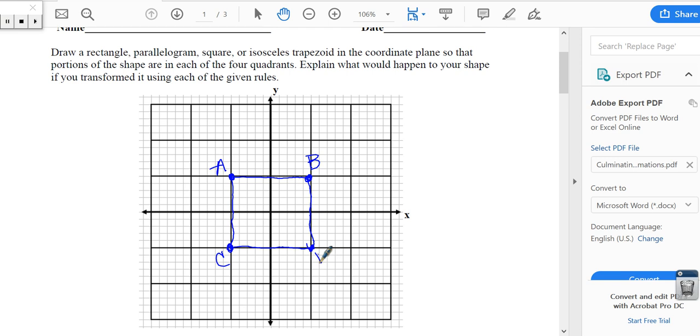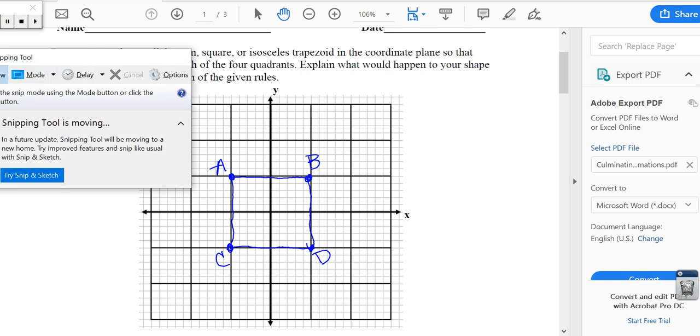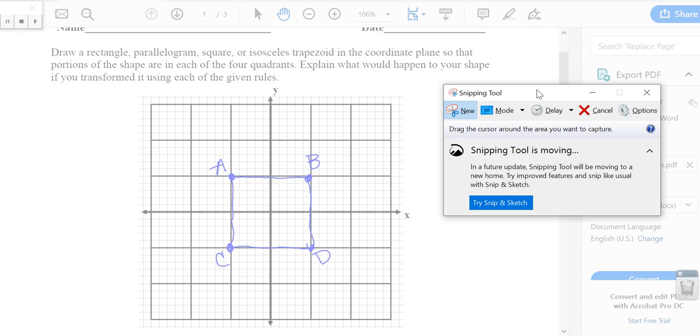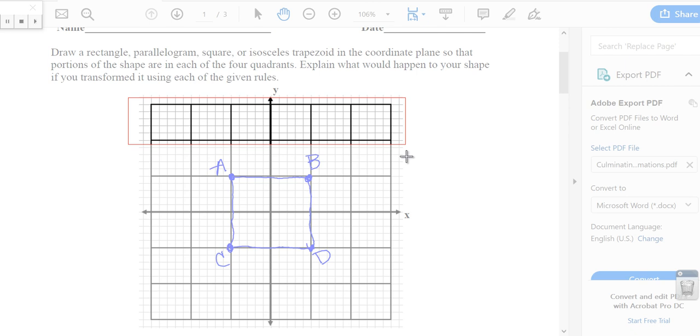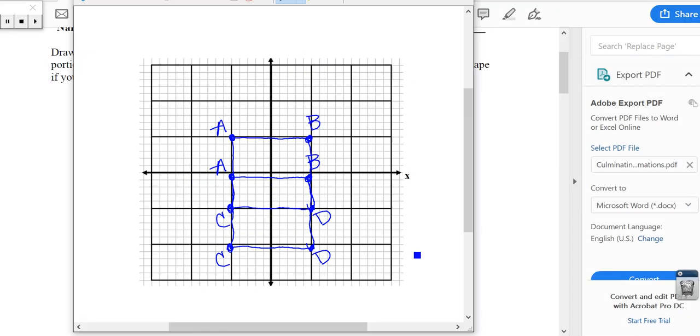Now, some of them I will show you how to move, but others I won't. And I'm probably going to have to take a picture of this so that the screen's going to move. Let me grab a picture of this right quick, and we will keep it moving.